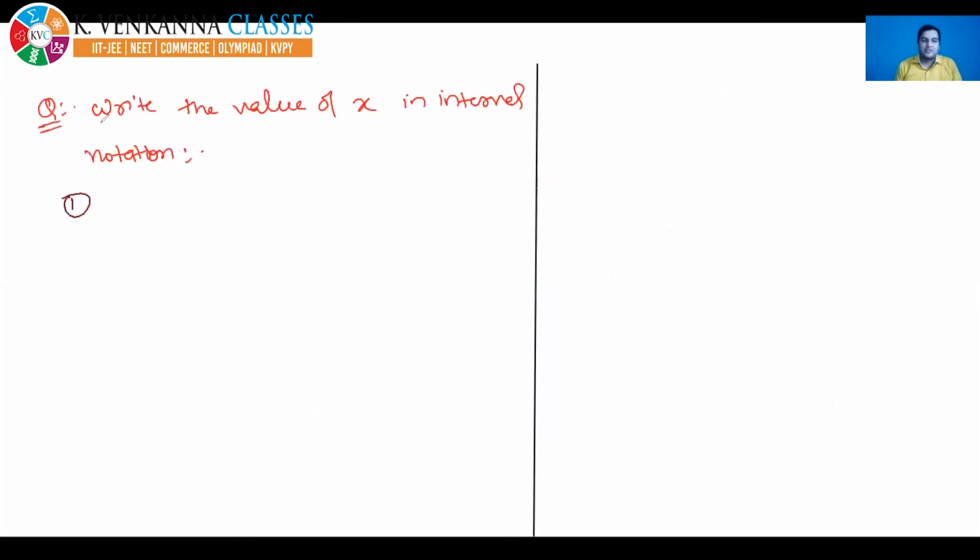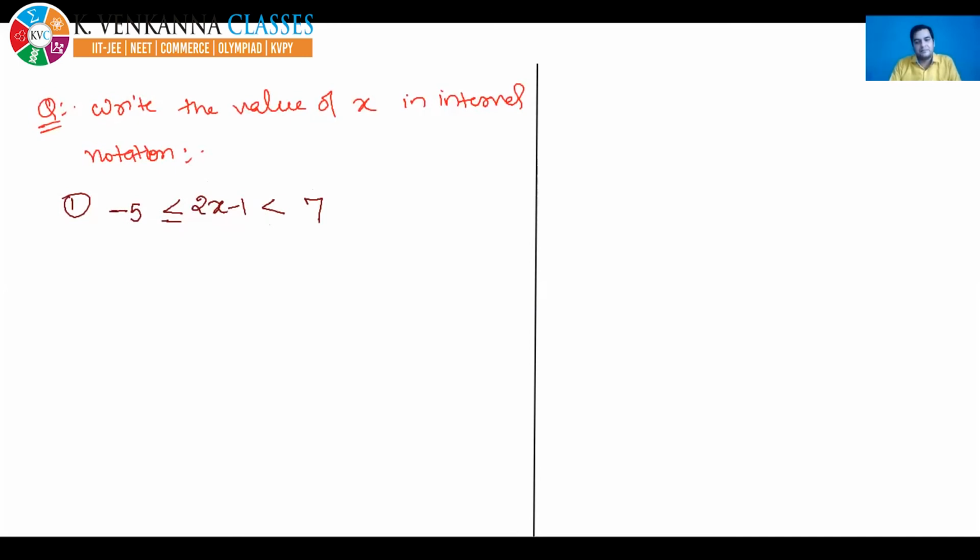Okay now. The question is, write the value of x in interval notation. I am giving you the value of x in inequality notation. So the first very simple problem is 2x minus 1, greater or equal to minus 5, less than 7. You have to write the value of x in interval notation. What should I write as the answer? Everyone please try first and then I will give you the answer.